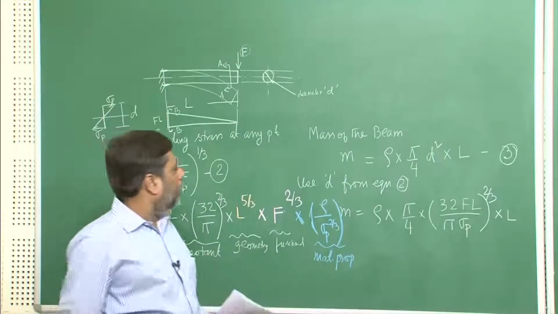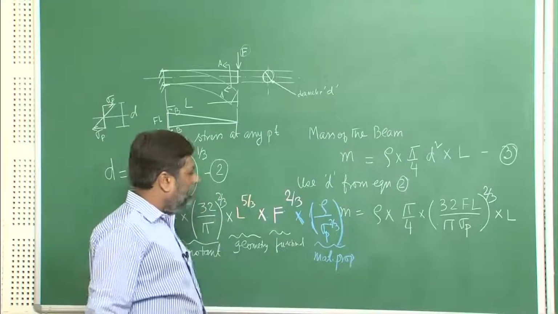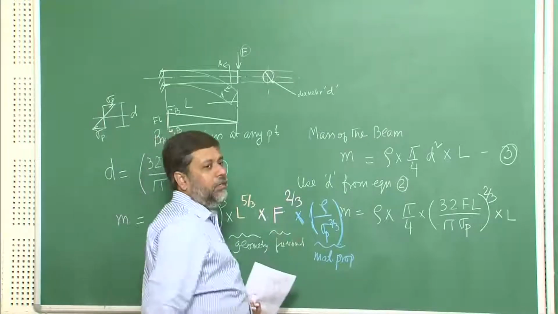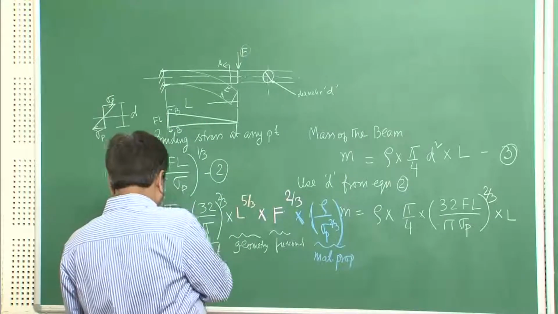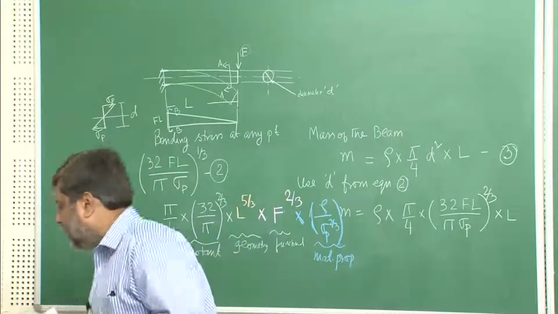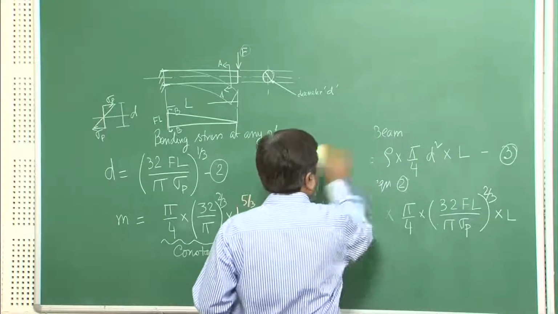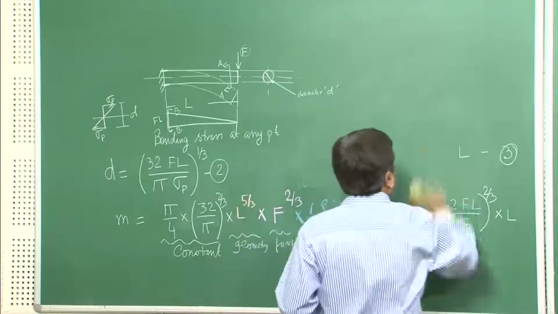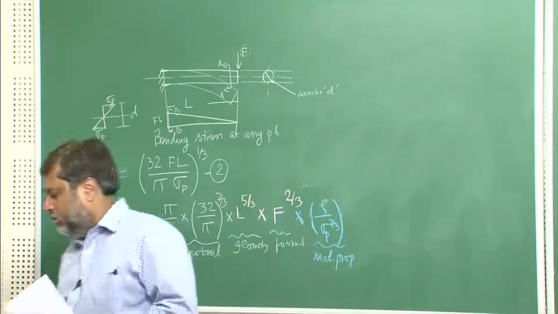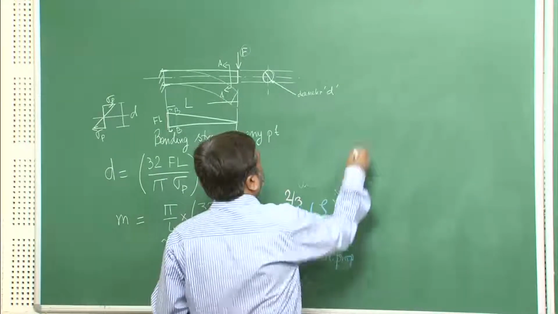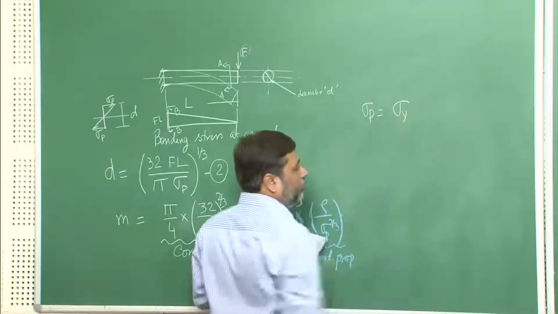Now you may ask, what is this sigma p? How can that be the material property? Well, sigma p is the maximum stress coming to the system, and for many safe engineering designs, particularly linear elastic systems, sigma p can at most equal sigma y.